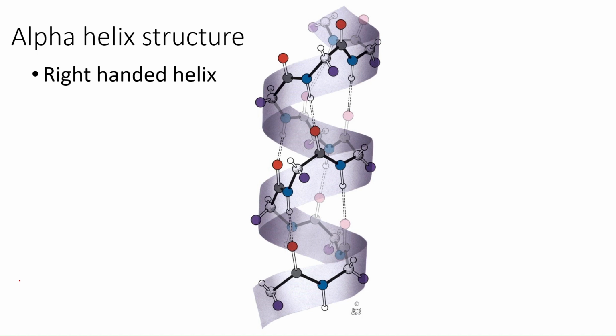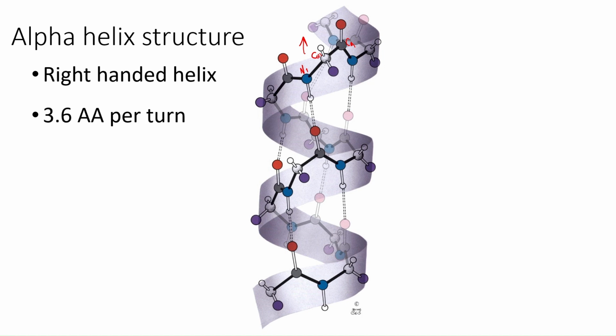So this is, for example, N, this is C alpha, and this is the carbonyl carbon. You can see that the N to C direction is generally up. So if you were to use your right hand, you would turn your fingers in the same direction as this helix.